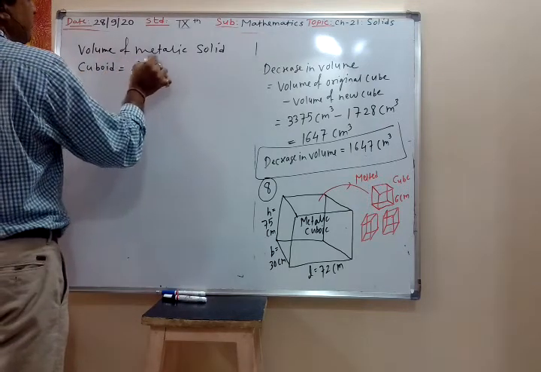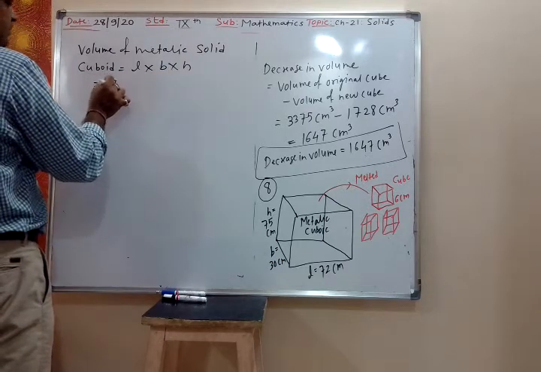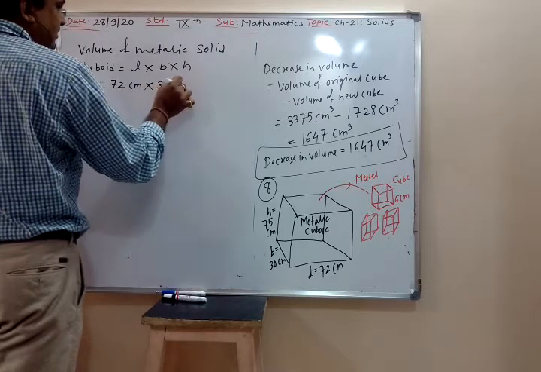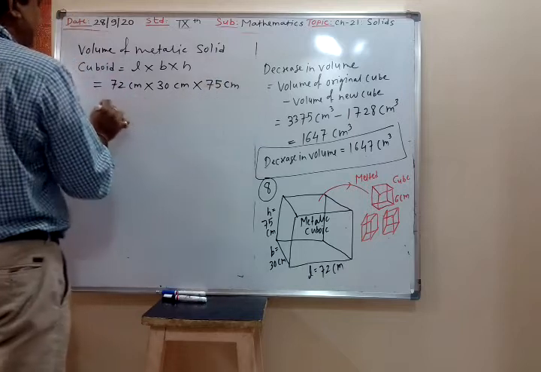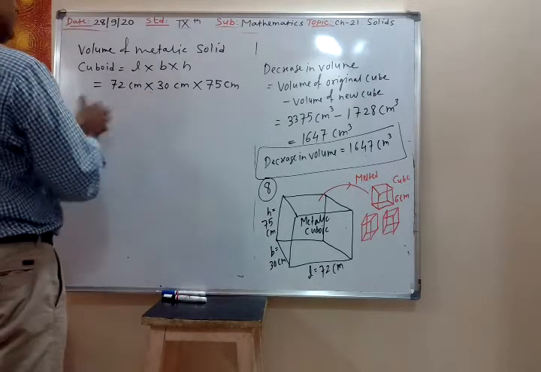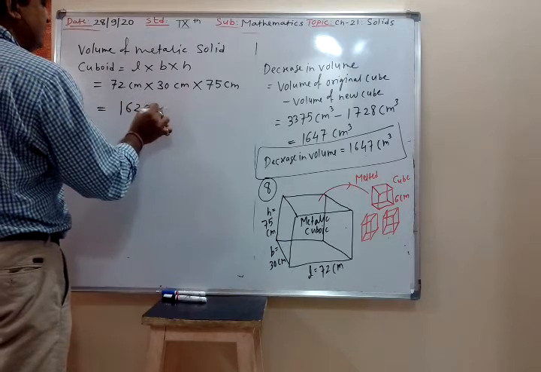formula is L into B into H. So that is 72 centimeter into 30 centimeter into 75 centimeter. Find out the volume, multiply. How much is it? Tell me. 1,62,000 centimeter cube.